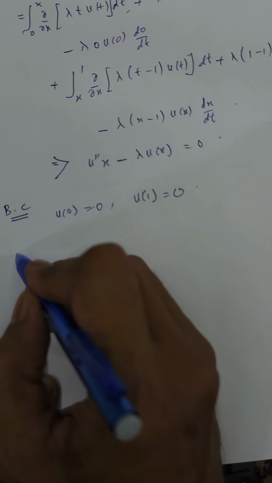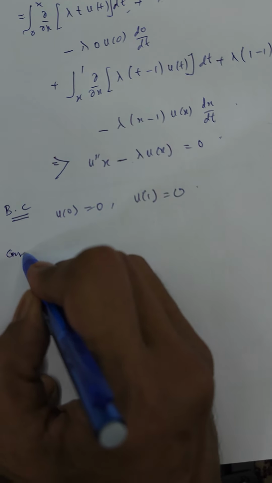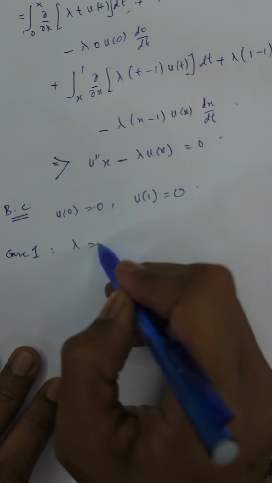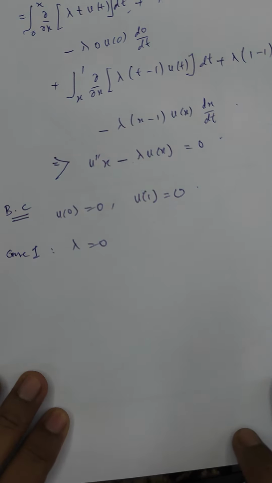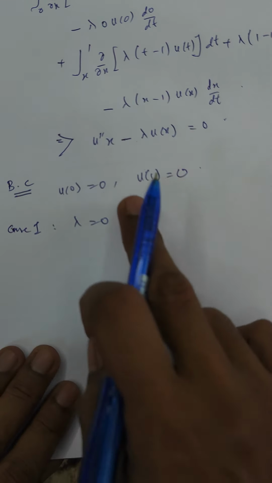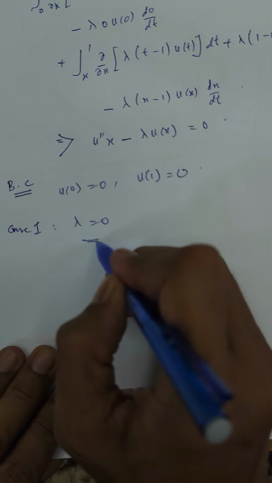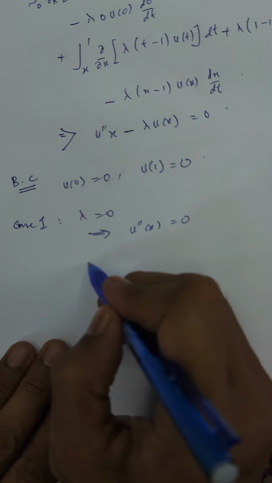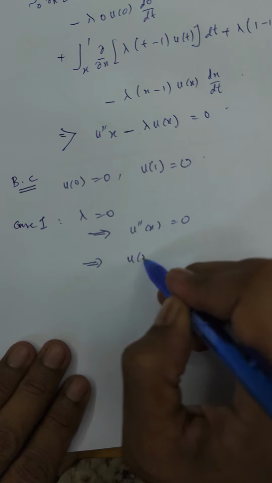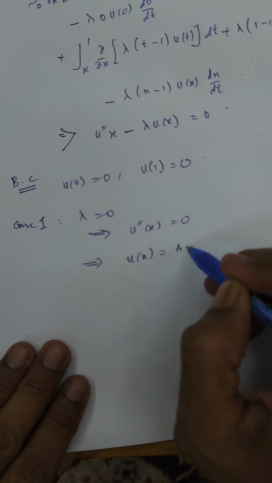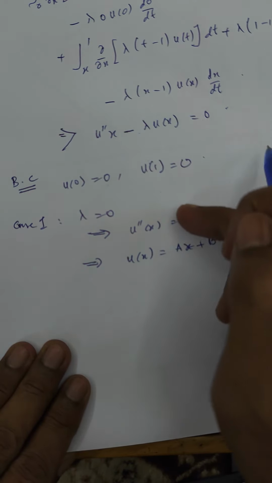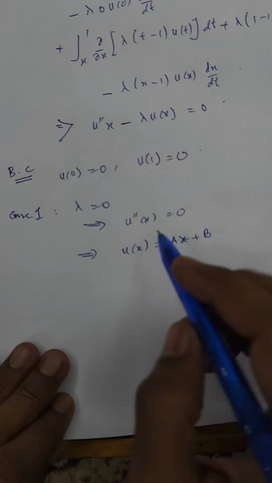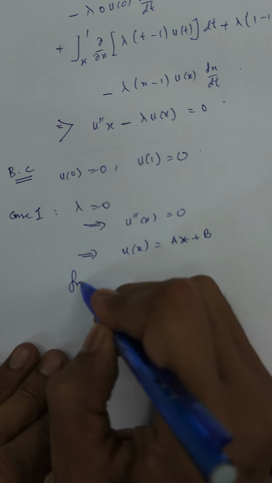Now let's consider first, let's say I call it case 1. Case 1, we take lambda equal to 0. For lambda equal to 0, we have u double prime x is equal to 0. That gives a solution u(x) is equal to ax plus b. You just integrate twice and you obtain that. Then from there we use the boundary condition.